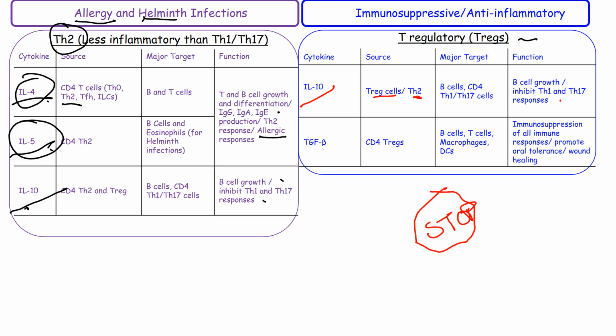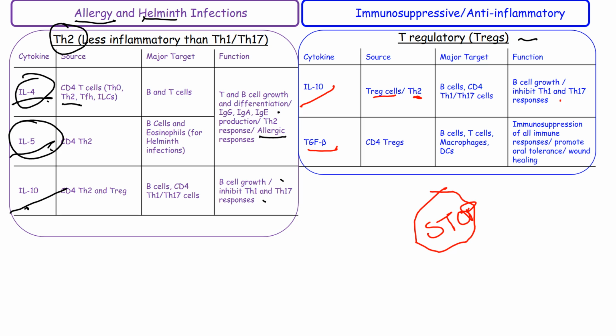TGF-beta, on the other side, is the true immunosuppressive cytokine. It suppresses and stops pretty much all other immune responses, and it works on B cells, T cells, macrophages, dendritic cells, almost anything you can imagine. The reason this is important is that as long as an immune response is going on, we haven't truly healed.